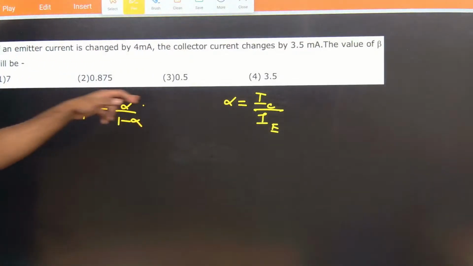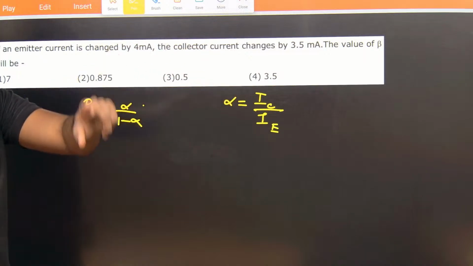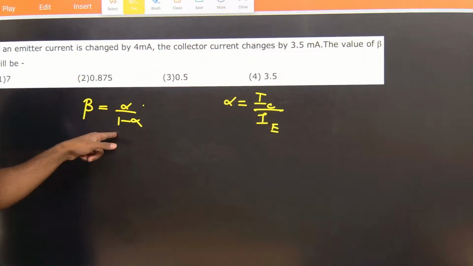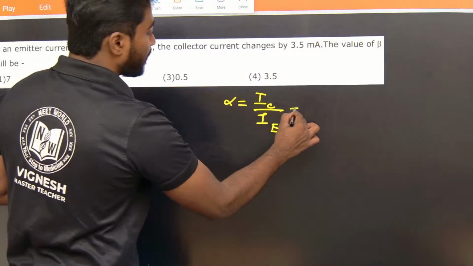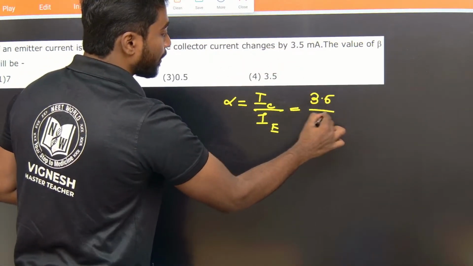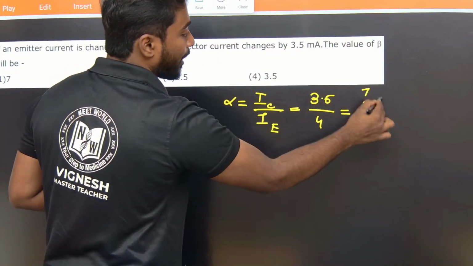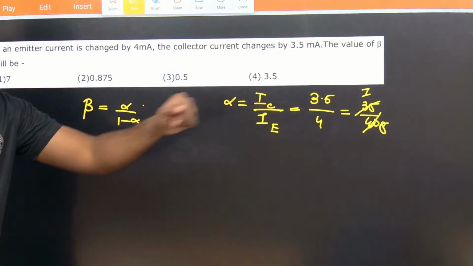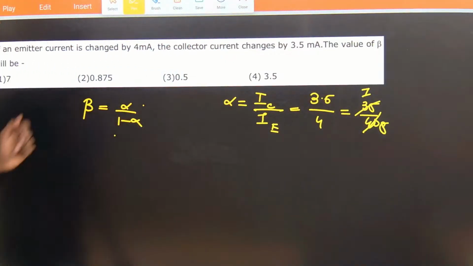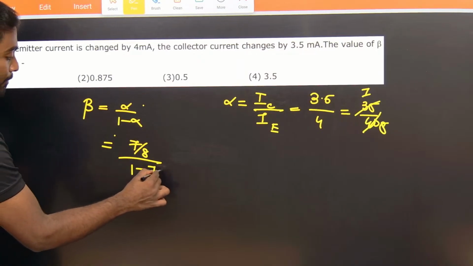This is alpha and we know the alpha and beta relation. So from this I can find what is the value of alpha and substitute the value of alpha in this equation. So what is the value of collector current? It is 3.5 and emitter is 4. So I can write 35 by 40, which is nothing but 7 times and 8 times. So 7 by 8 is the alpha. I will substitute the value here. 7 by 8 by 1 minus 7 by 8.